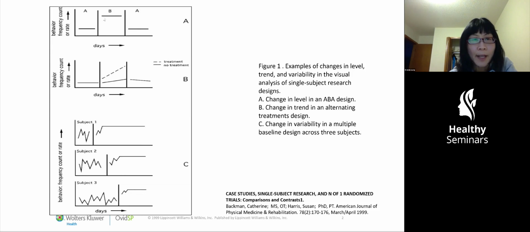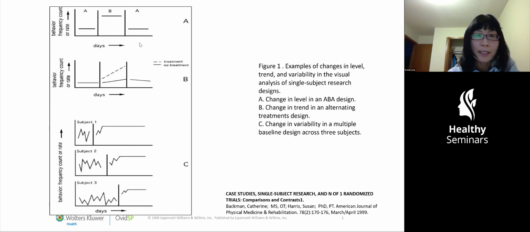When we do provide the treatment, the energy increases. So you can see the change in this measure. And then what happens when we remove the intervention or the treatment, the energy will go down again.